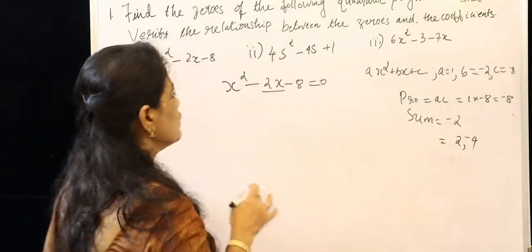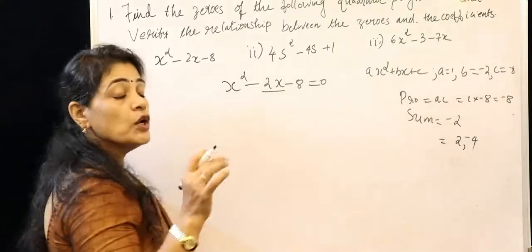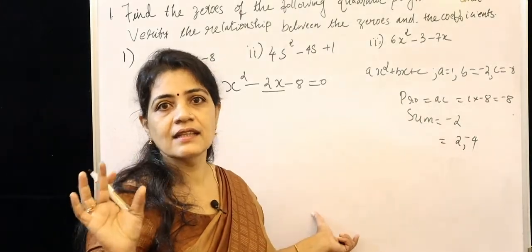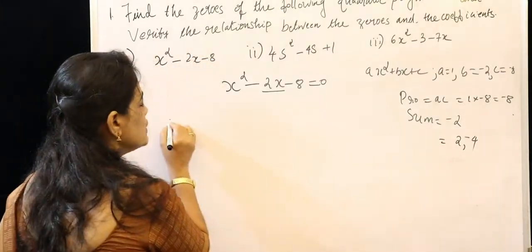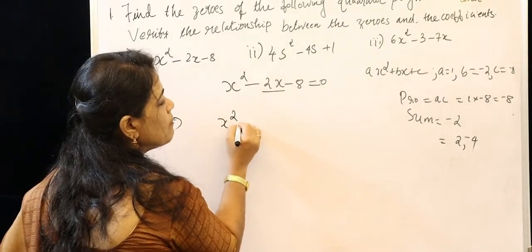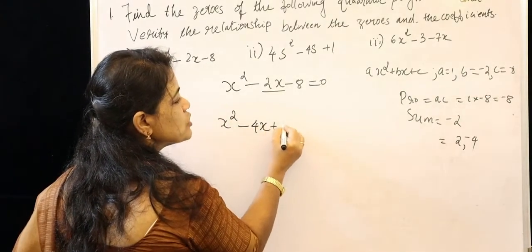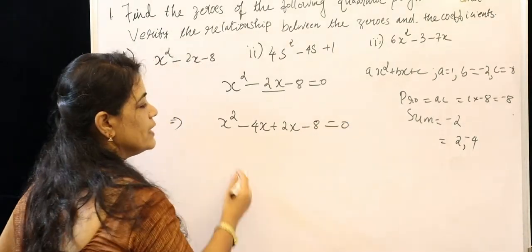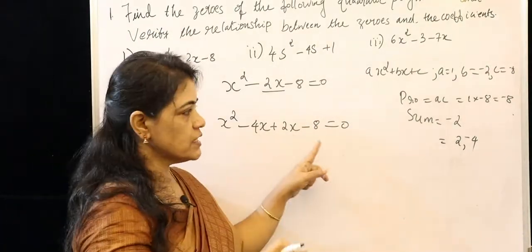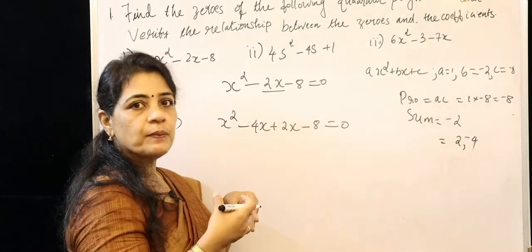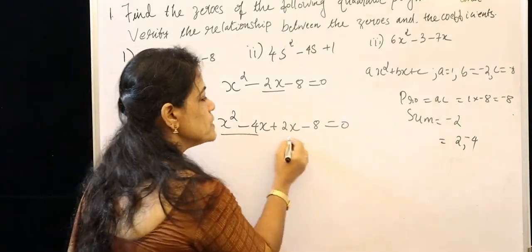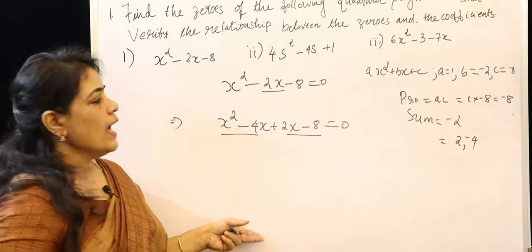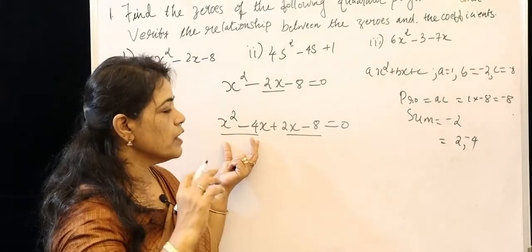Negative 4x. So I am going to split, and there is no change for the first and the third term, which implies x square minus 4x plus 2x minus 8 equal to 0. After splitting the middle term, make 2 groups. Take x square minus 4x.